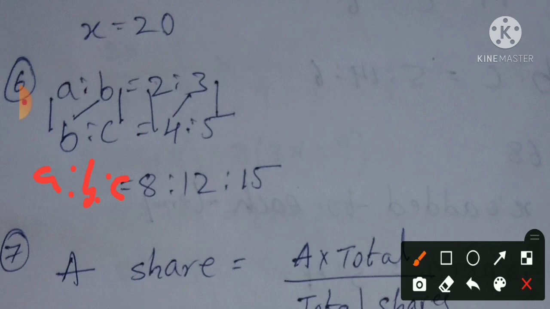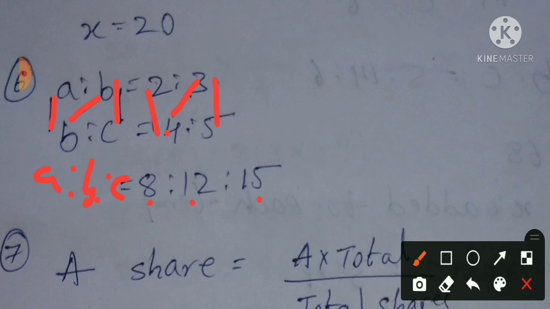Here we have another method, I cross I. Okay, see, in this way you have to multiply. 2 4s are 8, cross 3 4s are 12, I 3 5s are 15. Okay, 8 is to 12 is to 15 is the value of a is to b is to c.